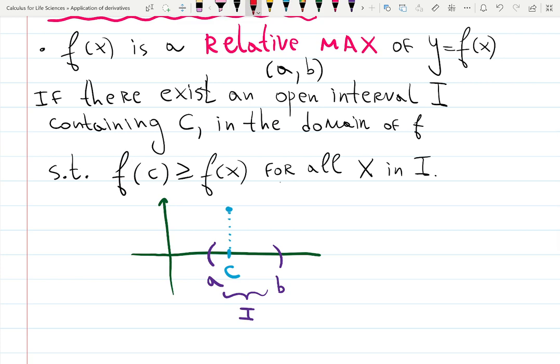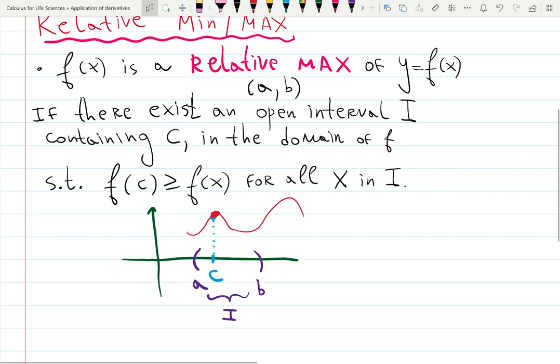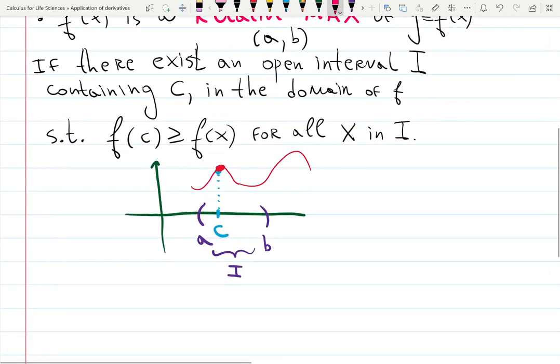So the graph of the function looks like so. There may be more hills, but this hill is called a local or relative maximum. So let's put also a synonym here, local. We also call it sometimes local extreme values, local relative, local maximum, local minimum. So locally, it's a hill.